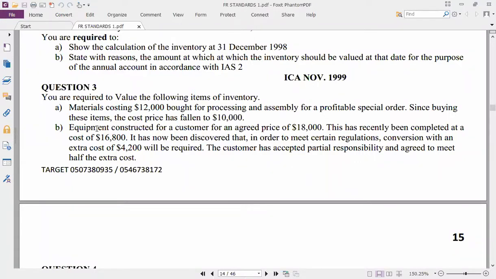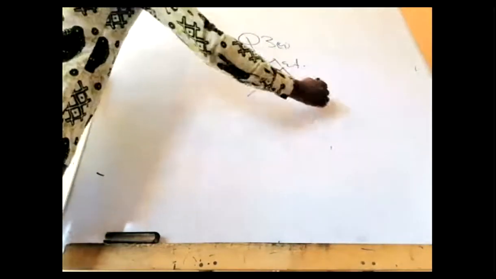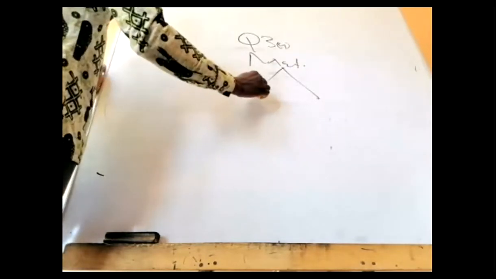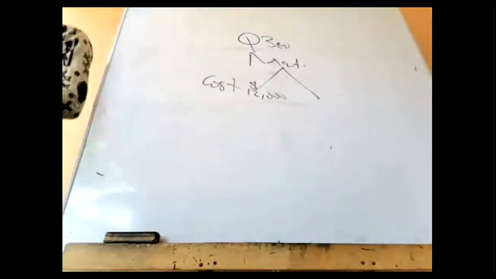So material costing $12,000. So the cost is what? 12,000 automatic. So it's about material. So I'm valuing the material. The cost is $12,000.